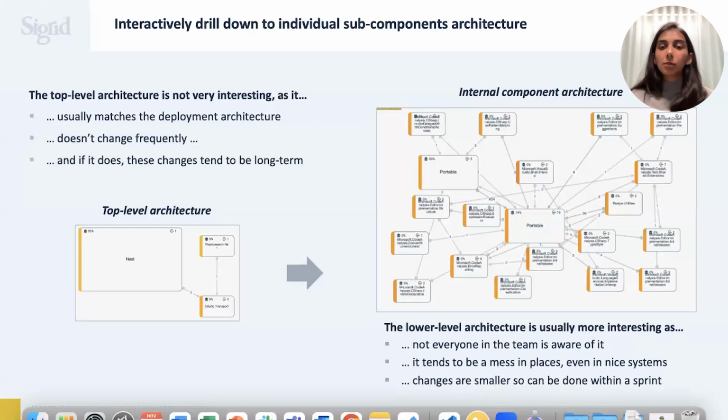And this is something that people would agree to. There's generally a consensus in the organization on the top level architecture. But when you actually drill down from this top level architecture to the layers below, that's where things start to get interesting. Then the architecture actually looks like this.